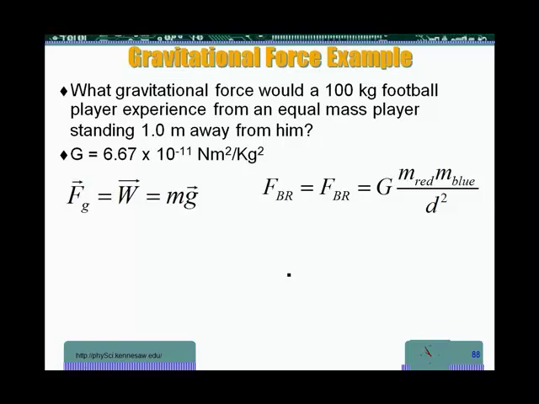The question now is asking us, what force would the football player experience from an equal mass player standing 1 meter away from him? So what we have here are two football players a meter away from each other, and each one of them having a mass of 100 kilograms.